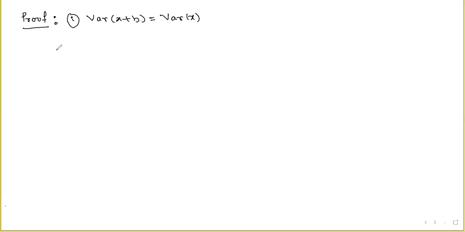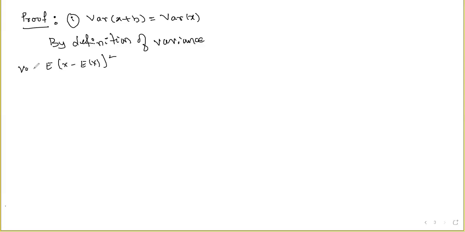So here we consider the definition of variance. By definition of variance, we have expected value of x minus expected value of x whole square. This is nothing but variance of x. Clear?